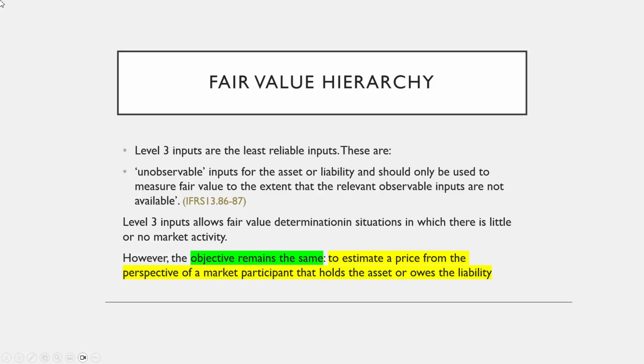Remember, I told you at the beginning, the objective is still the same. We're trying to estimate a price from the perspective of a willing and able market participant that will either hold the asset or will owe the liability. So they're taking over the liability, or we're selling an asset to that market participant.